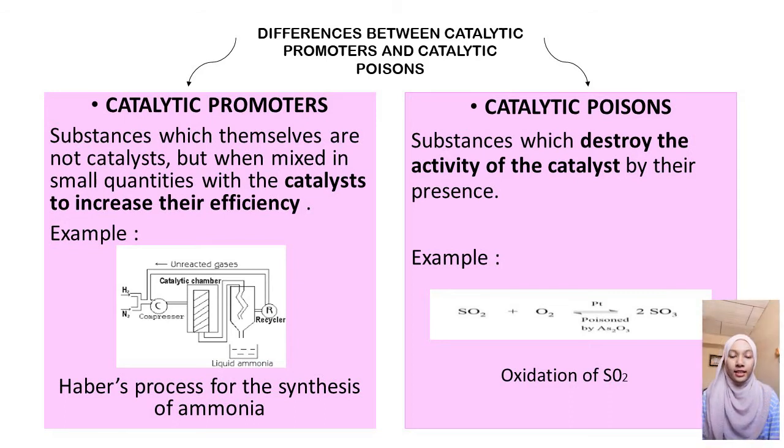Catalytic poison is an absorbed species that is not reactive. Its absorption will prevent further absorption of other species, making the catalyst inactive, which means it will destroy the activity of the catalyst. For example, the platinum catalyst used in the oxidation of sulfur dioxide in the contact process is poisoned by arsenious oxide.